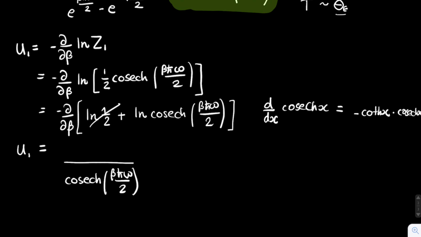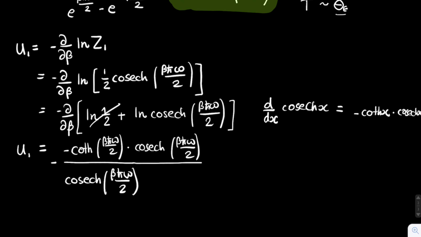So what did I say that was? Well, the derivative of cosec x is minus cot x cosec x. So remember, we're going to get a minus right here. Don't forget that minus sign. So it's going to be minus from this minus over here, cot of beta h bar omega over 2 multiplied by cosec of beta h bar omega over 2.